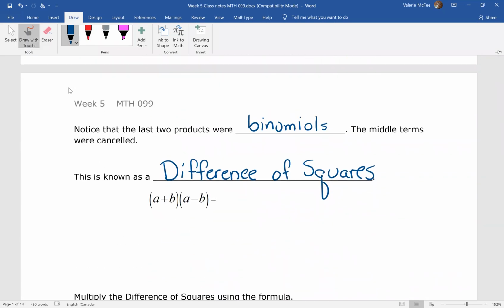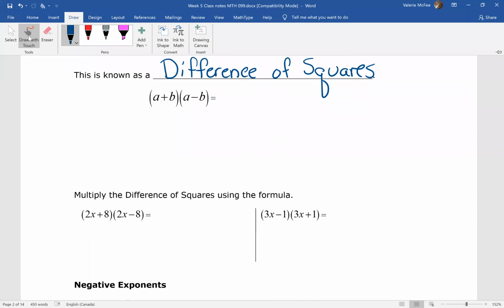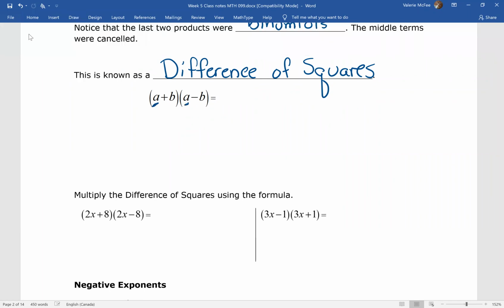Every time we multiply binomials, a plus b times a minus b, where the first terms are the same, the last terms are the same, and then we have a plus sign and a minus sign, the product will be a squared minus b squared.